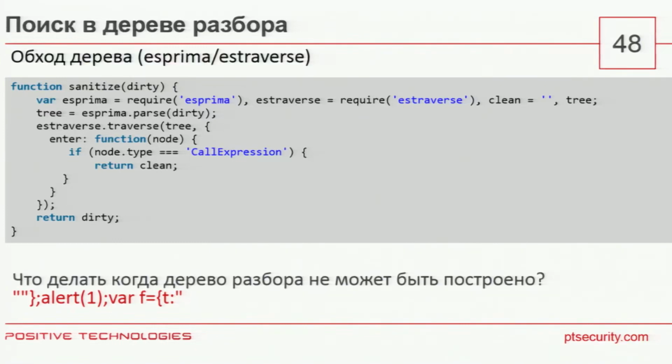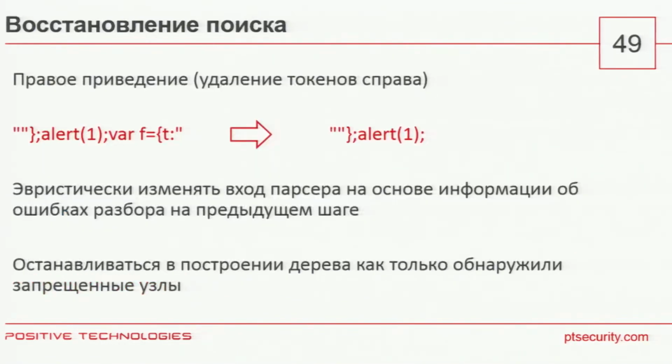What to do if the tree cannot be built? Imagine we're getting a line like this as input, and it's obvious that it's very easy to build a context where this data is absolutely valid, but we don't know the context. If we compute the context for this line, the parser will not work with it, because from its point of view this construct is not valid, and it's not going to build any tree, so there will be nothing for us to analyze.